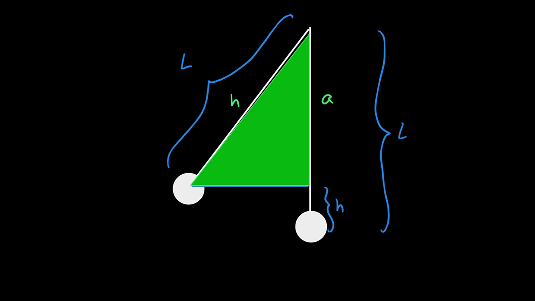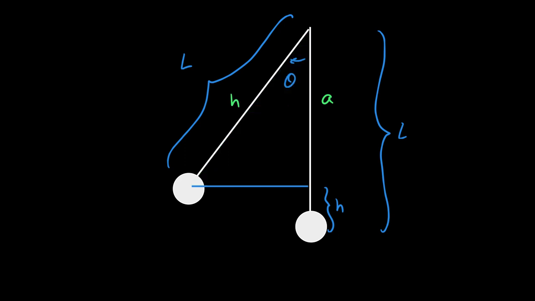Okay, as long as you can see that, then A must be equal to L cosine theta for that triangle. Is that good for you guys? Okay. A plus H equals L. Is that also okay for you guys? All right, it's just this length here.